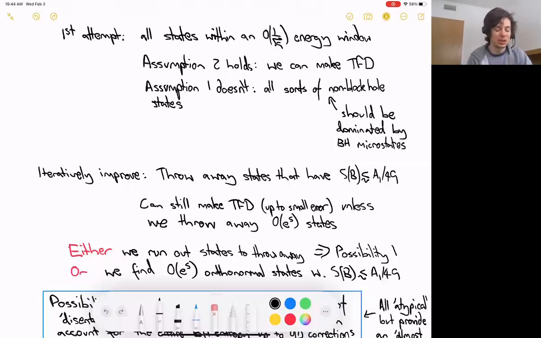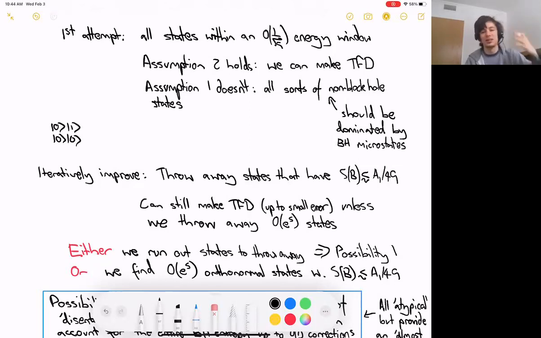Let me give a simple example of how this wouldn't work. Let's say your channel was just a partial trace over some subsystem. Your input was the entire Hilbert space. Then you could say, okay, let's throw away states that have a small output entropy. Well, what would they be? They'd be product states, right? So you throw away the product state 0 tensor 0, and then you restrict to the orthogonal complement of 0 tensor 0. Then you'd find another state that has 0 output entropy, which might be 0 tensor 1, right?